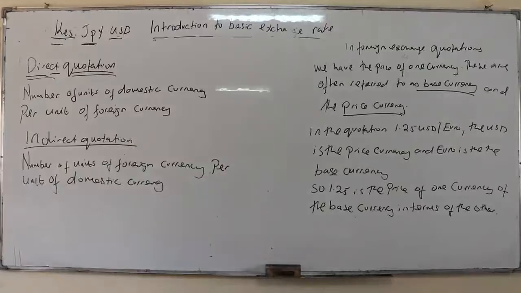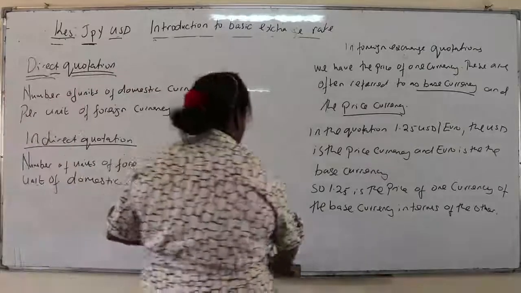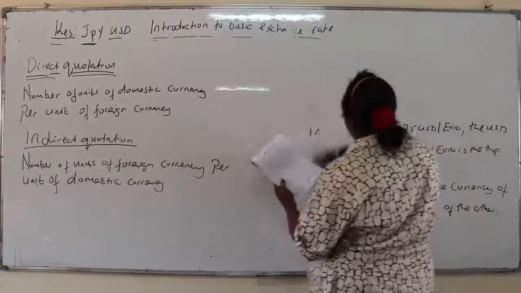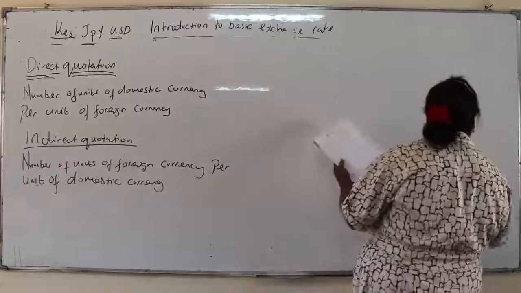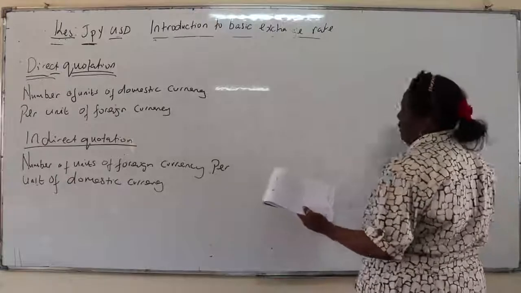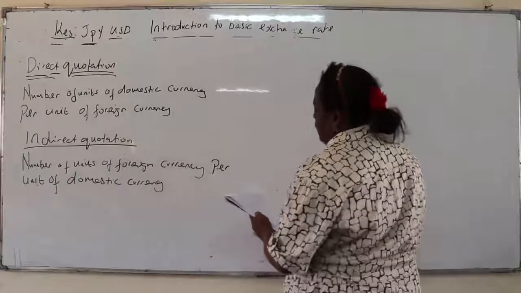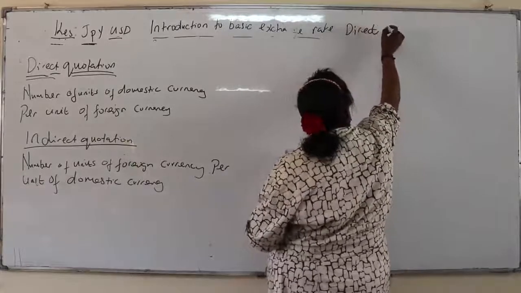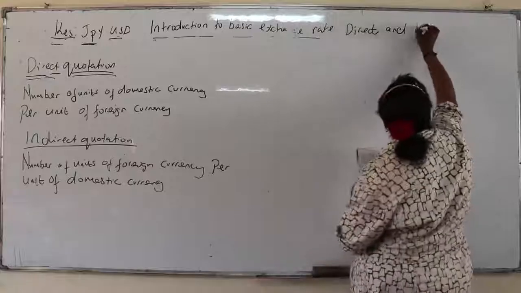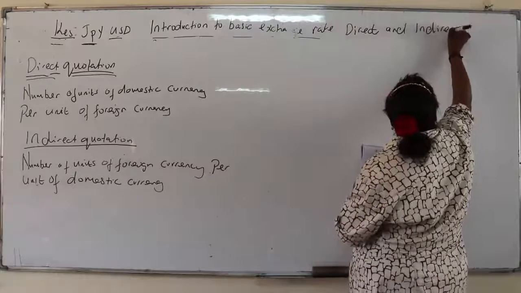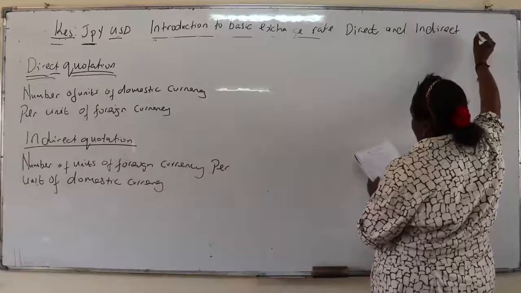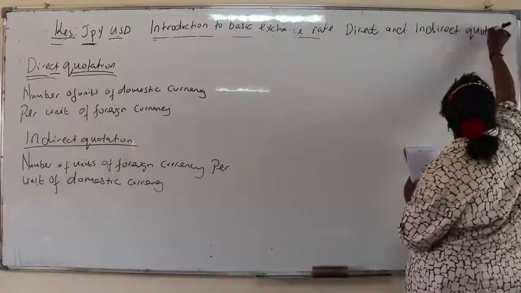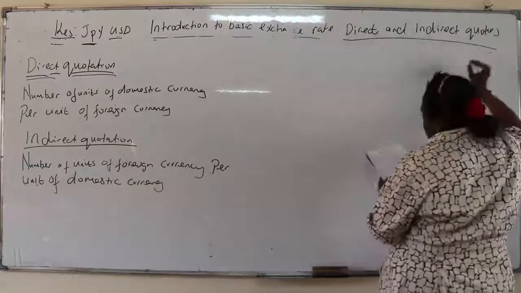So I'm going to maybe draw a small diagram here just to have a visual of how they are. So we're going to have direct and indirect quotes.